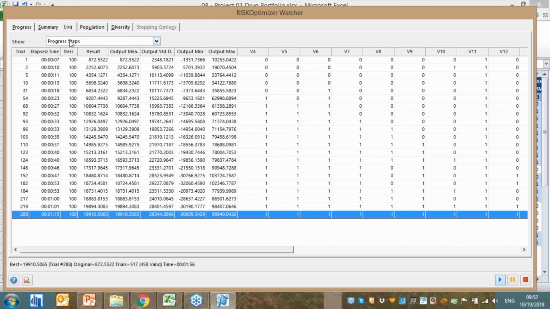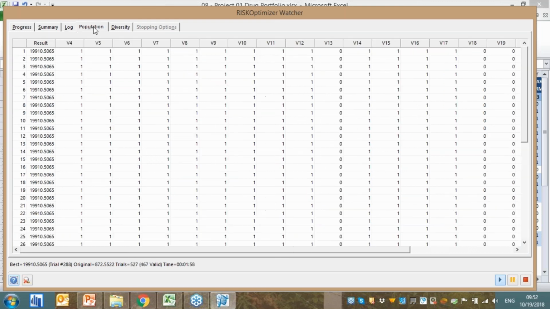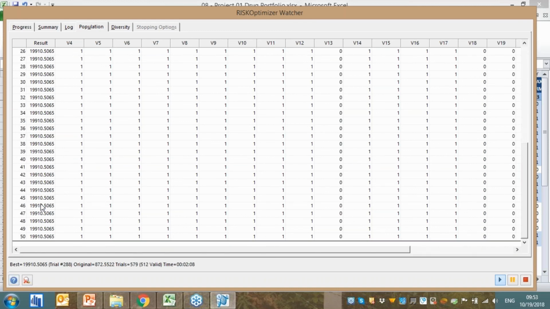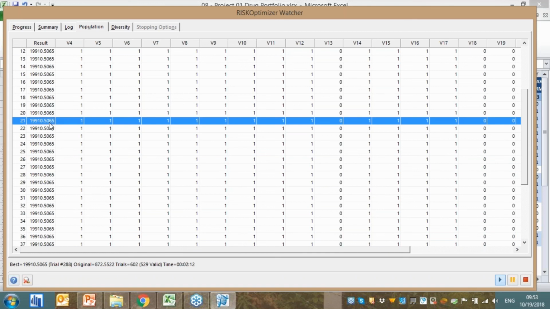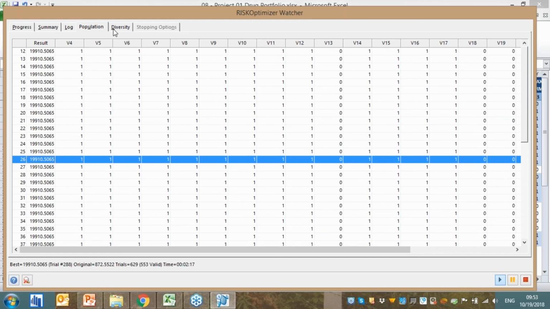I could see it also as a population. In other words, I've got here each one of my adjustable cells or columns, and I could see the composition of up to 50 tests. Why 50? Because the software in this case by default is using 50 random trials to start with for each one of my outputs.